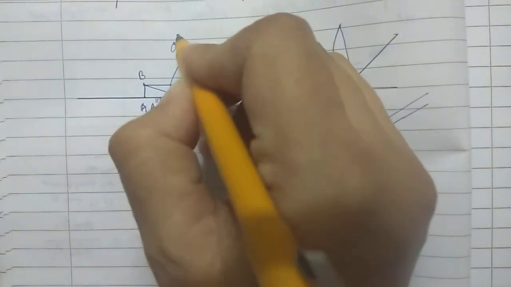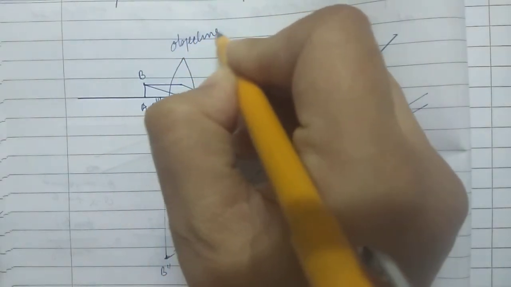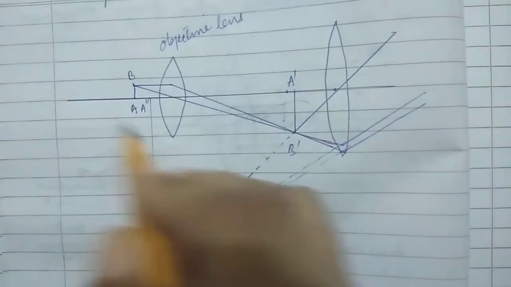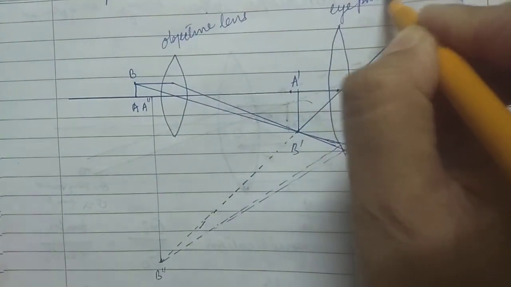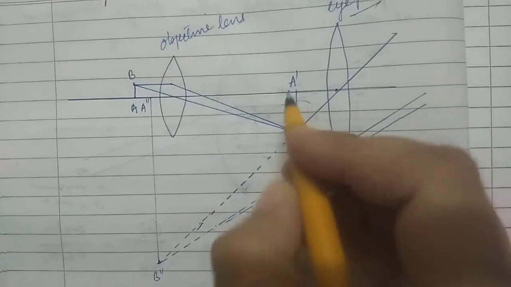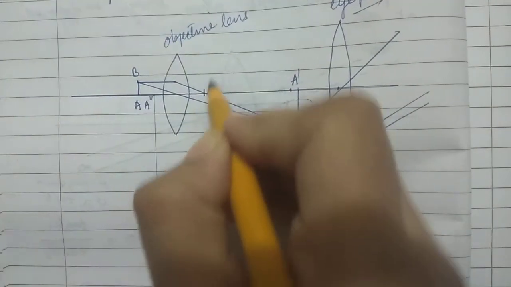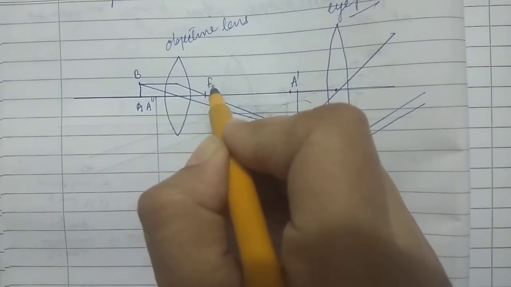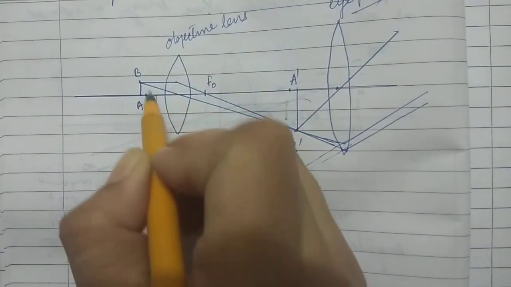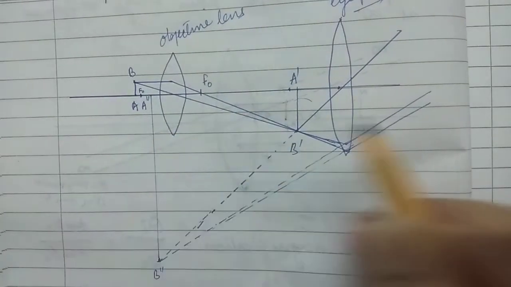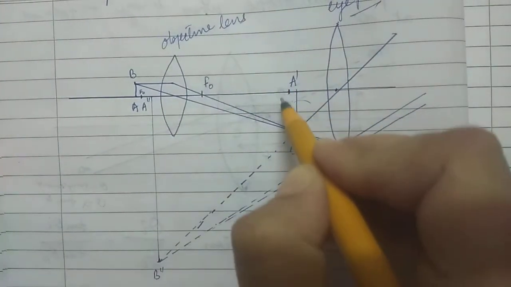This is the objective lens, which is towards the object. This is eyepiece. This is towards the eye. This is the focus of objective. This can be considered as focus of the objective. And this is the focus of the eyepiece.